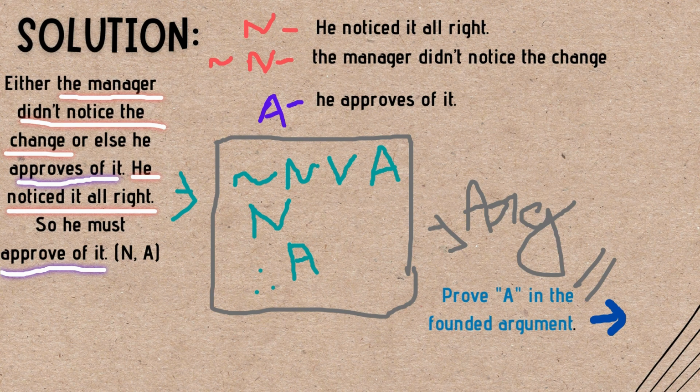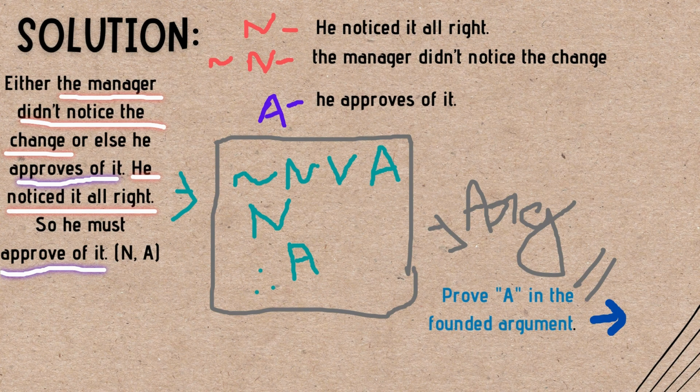We have four statements. Two statements are about noticing and two are about approving. So the first and third statements belong to the n and negation n category, whereas the other two belong to a, he approves of it. Now we have obtained the variables, and using them we construct the argument in the same form.